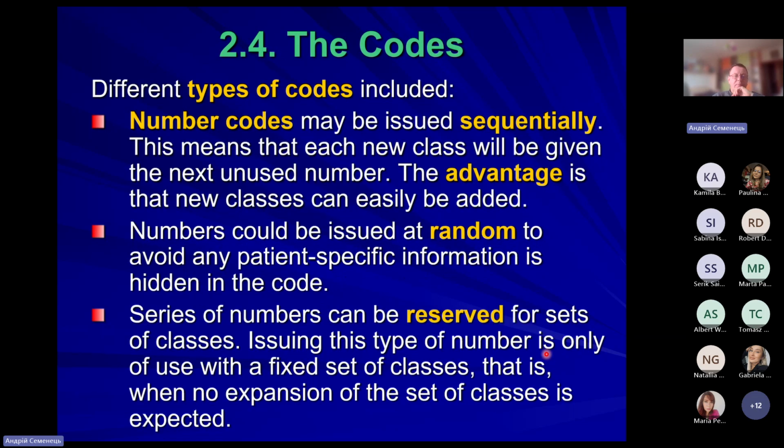At this point, different types of code include number code, which could be issued sequentially. Each new class will be given the nearest number, so it is easily added, easily managed. Insecure. The alternative is random numbers, numbers issued randomly.